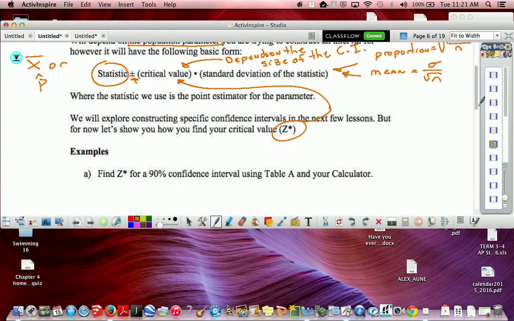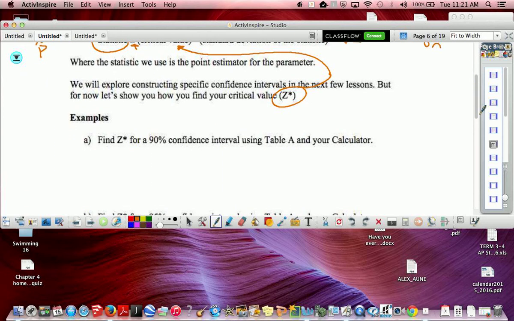For this first example, it says find a z-star score for a 90% confidence interval using table A and your calculator. I'm going to show you both ways of doing it. First, where the z-score is coming from.